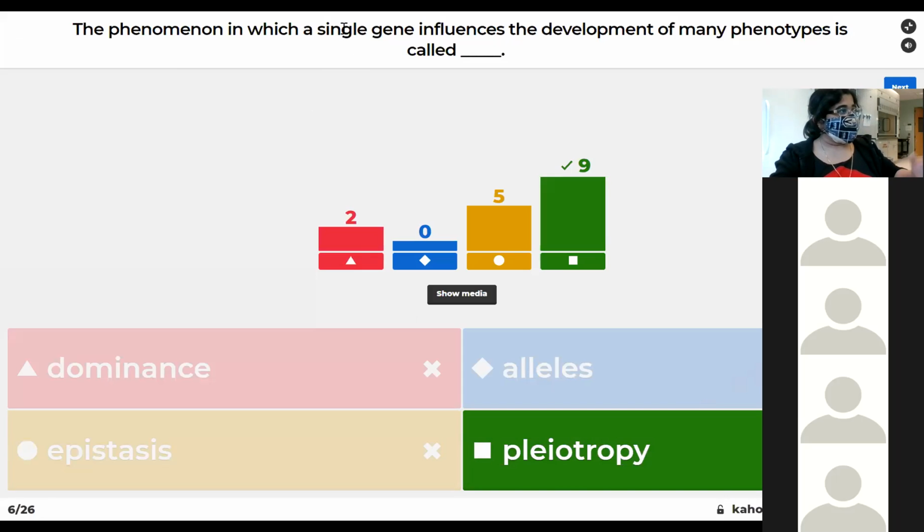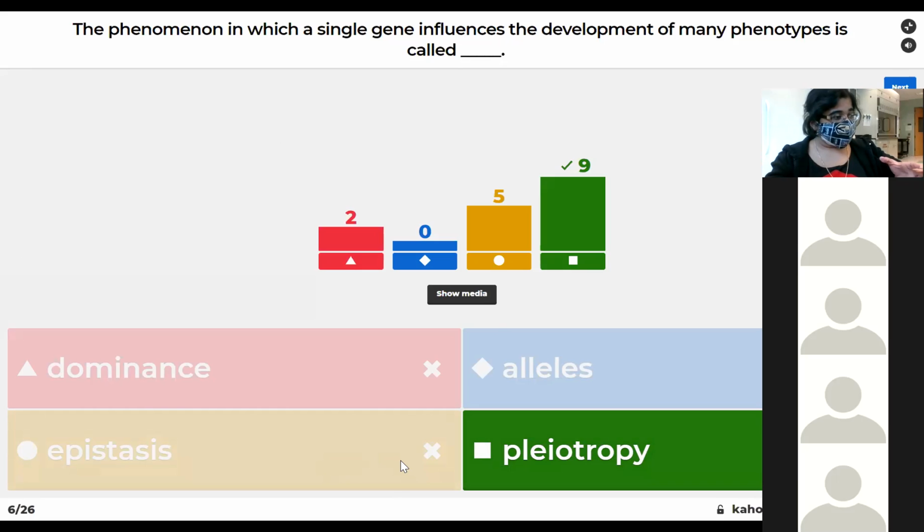When one single gene can affect different traits. So remember that slide where I had a trait going on and it's like, hey, this gene, that gene, other gene, and all that. So that's the definition of pleiotropy, right? Epistasis is controlling it. So one gene is controlling the other gene, right? Does that make sense?